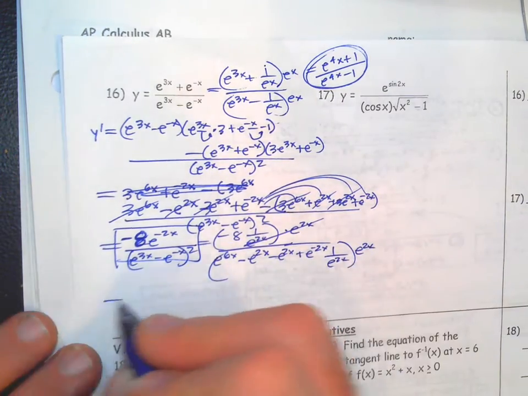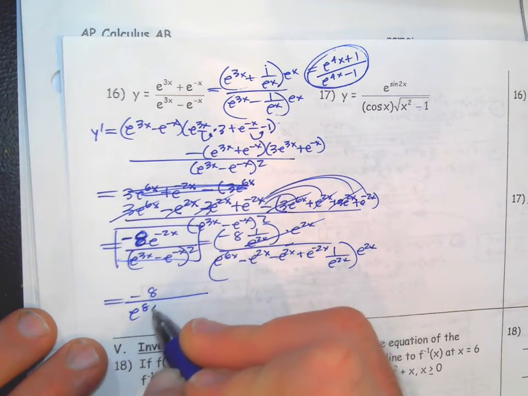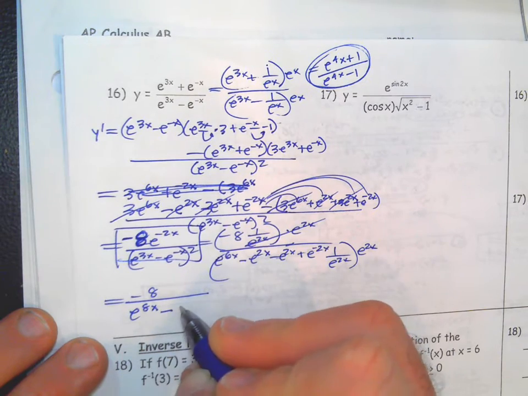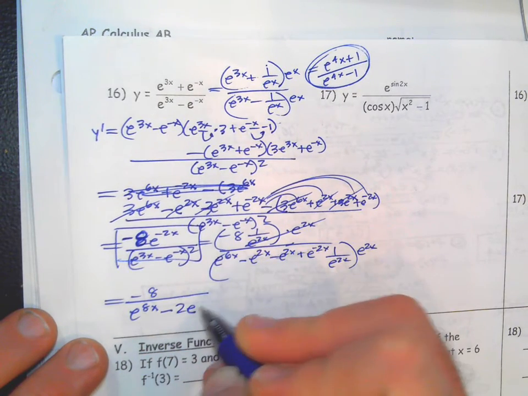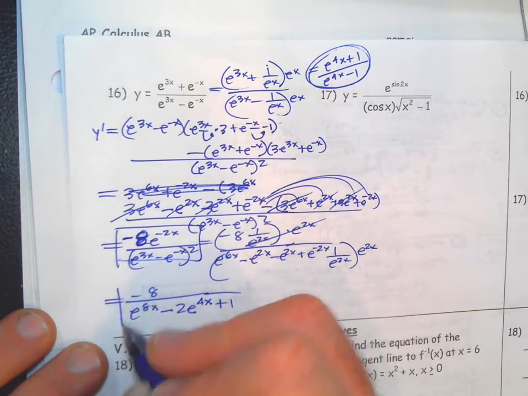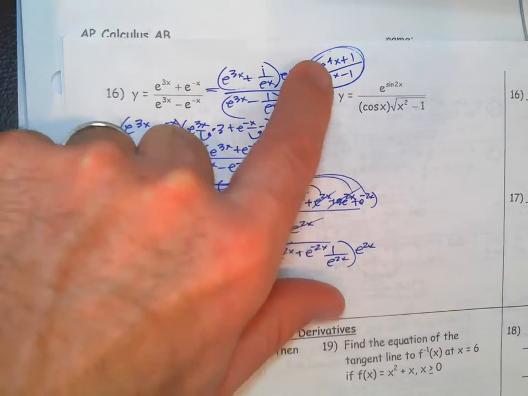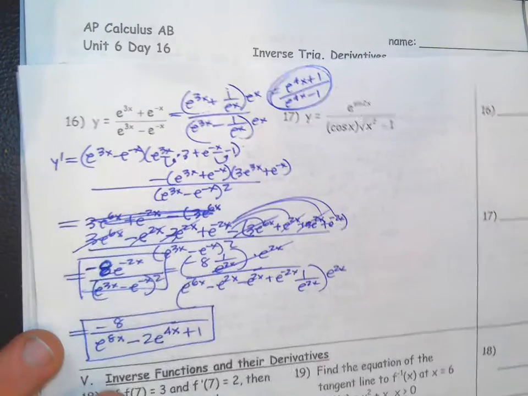And you would get negative 8 over e to the 8x minus 2e to the 4x plus 1. You got some different options, but there you go. Or you could try the easier way. No negative exponents, no fractions in fractions.